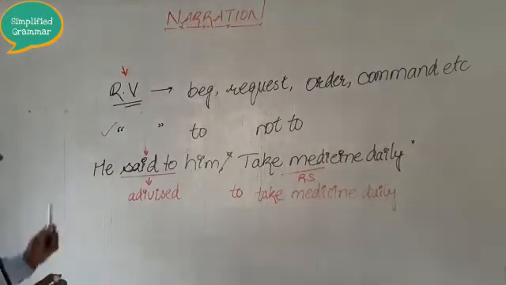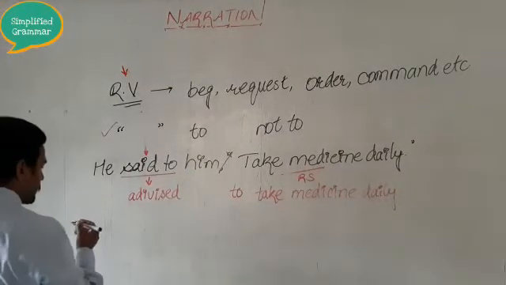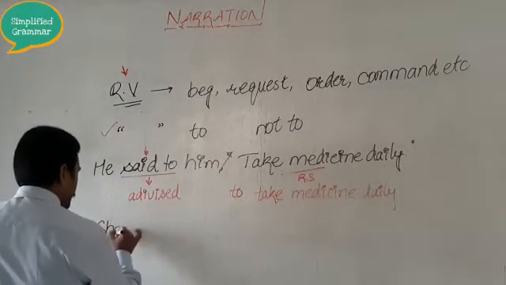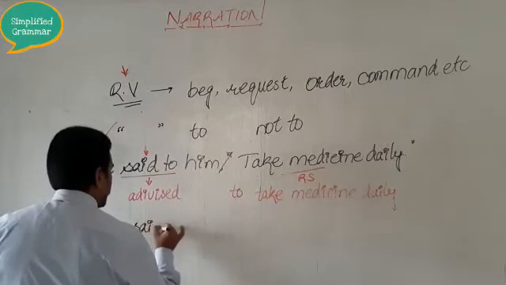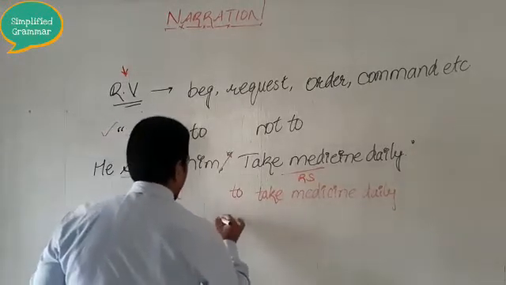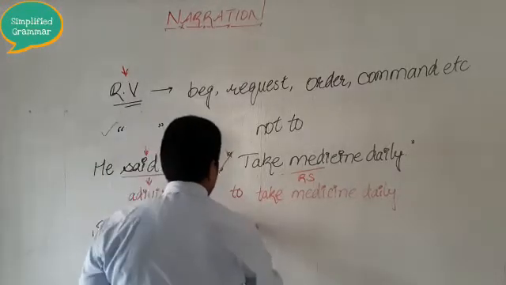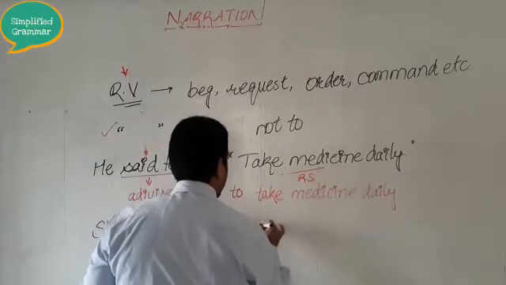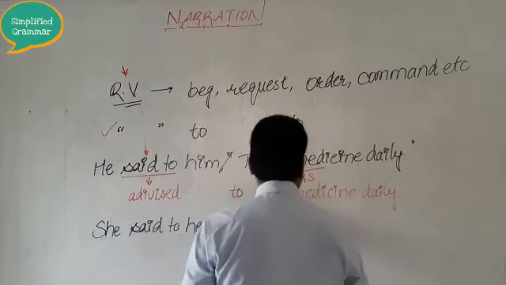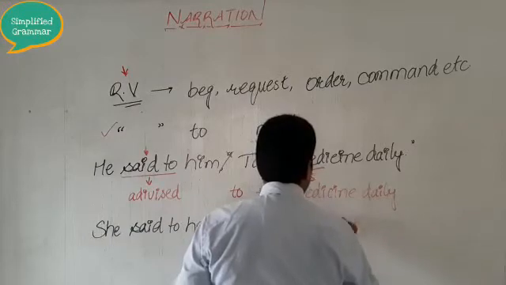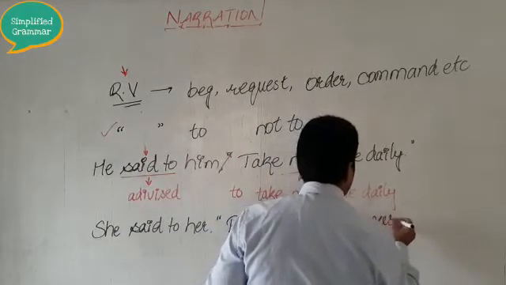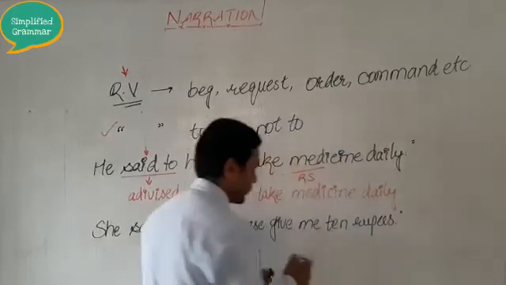Let us take one more example. She said to her, double inverted comma, please give me 10 rupees. Full stop, double inverted commas, close.